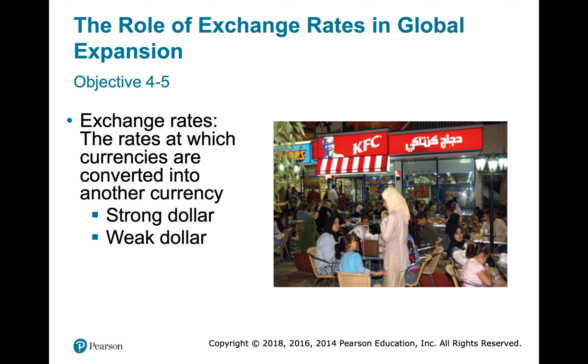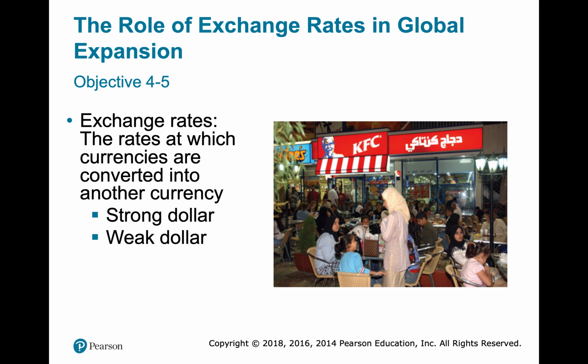We also have to talk about foreign exchange. So foreign exchange markets determine foreign exchange rates. These are the rates at which currencies are converted from one country's currency to another. Depending on a firm's perspective, it may prefer a strong or weak US dollar, right?